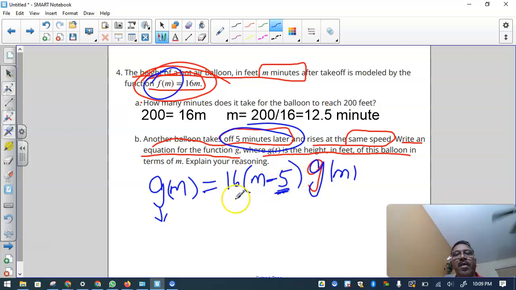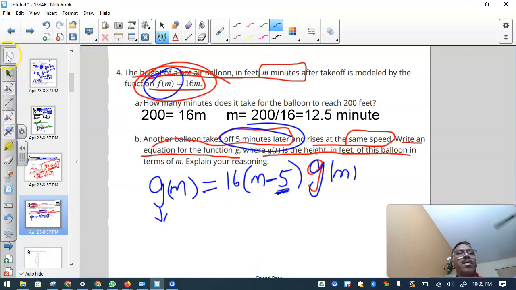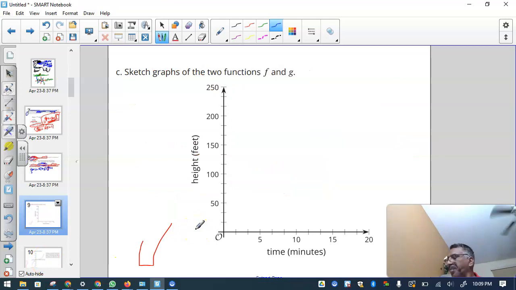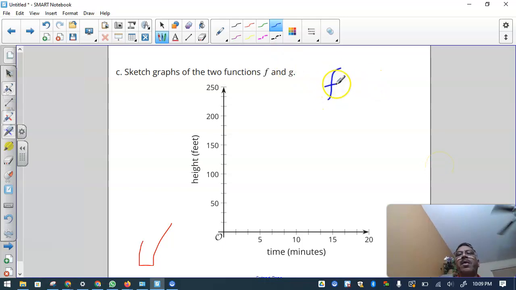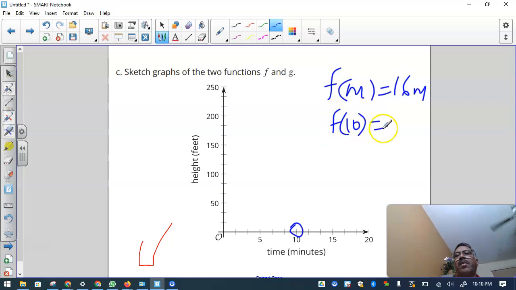If you want to graph this, the next question is how do we graph? In this case I'm going to use the original function, since it is 16. If I put m as 10, f of 10 will be 160, because multiplying 10 by 16 gives you 160.